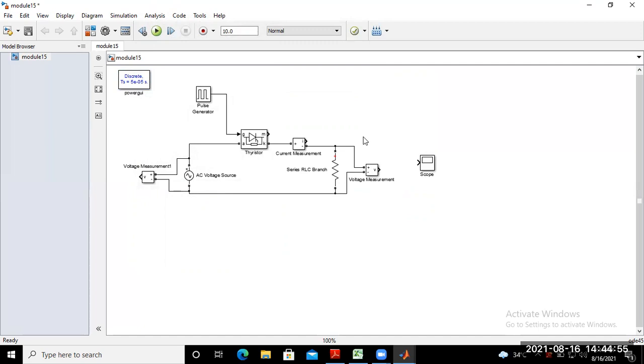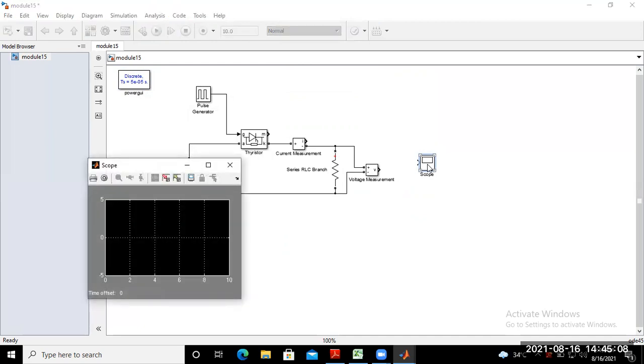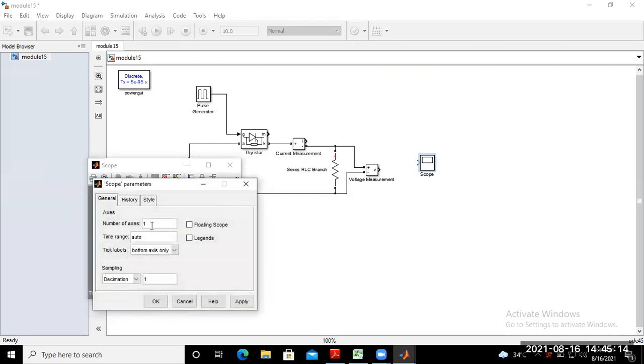Now we require three input terminals for the scope. So just click on the scope and create 3 axes. If you click on the settings, number of axes, according to your requirement here, it is 3.